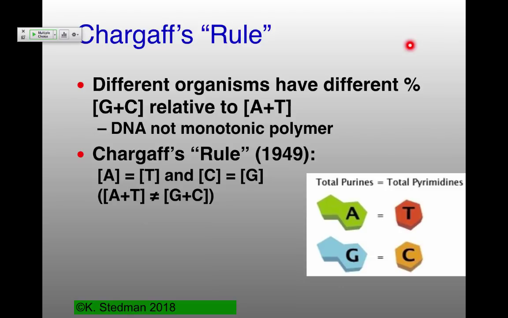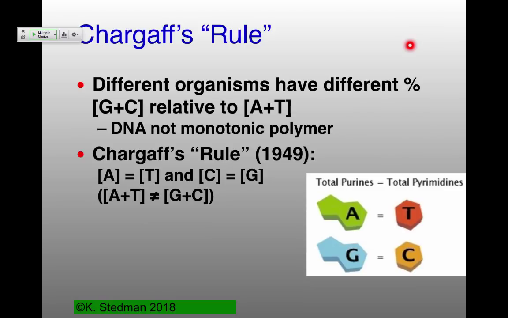So one thing that happened a couple of years later was Chargaff, and Chargaff was just looking at the different amounts of adenine, thymine, cytosine, and guanine in different nucleic acids. And he had basically developed techniques where he could be much more precise about the relative amounts of all of these different nucleotides. And what he found, basically through the study of bacteria, was that there were some organisms where A, T, C, and G weren't actually identical.